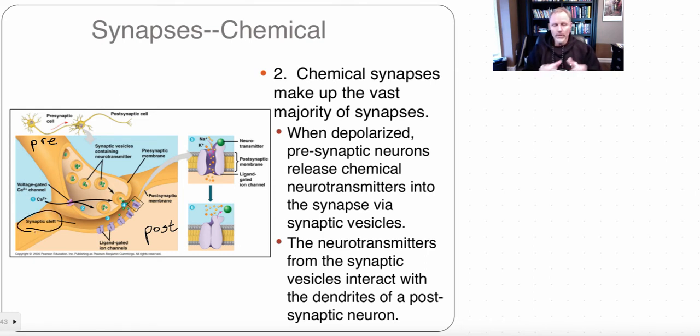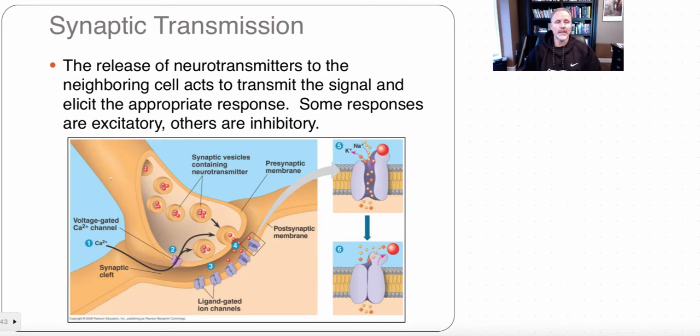What's happening is you have neurotransmitters, and that's what we see from these green dots here. The neurotransmitter is getting released into the synapse, and then those neurotransmitters are interacting with ion channels on this postsynaptic membrane, interacting with either the cell body or the dendrite on a postsynaptic neuron. So the release of these neurotransmitters is going to elicit some sort of a change.